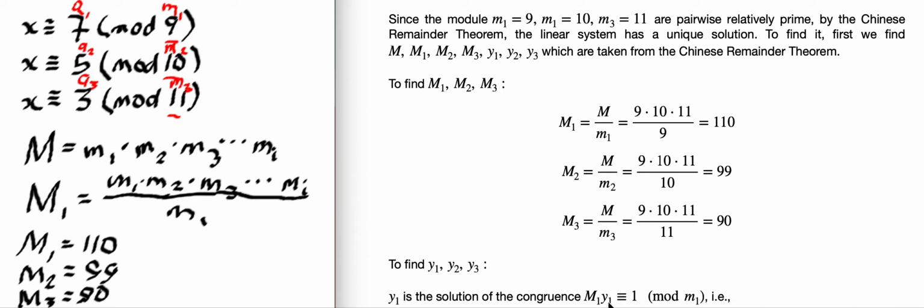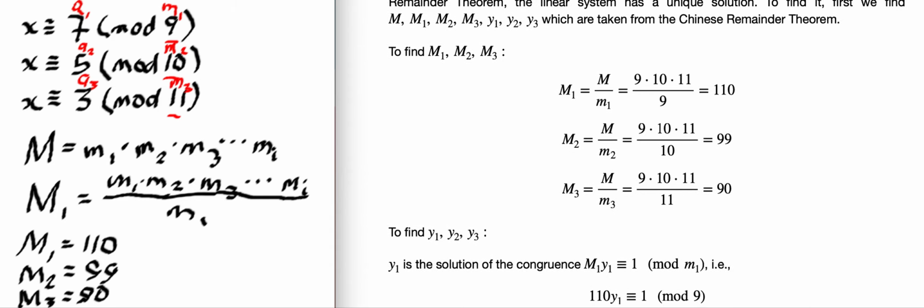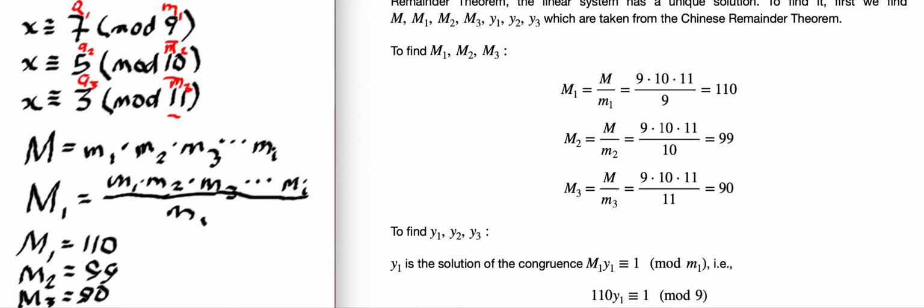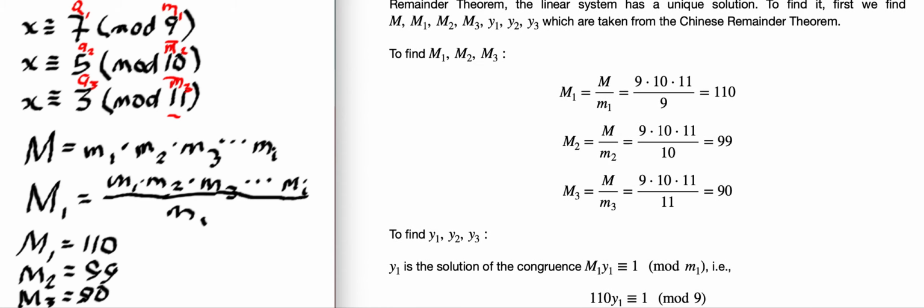We need to isolate the y sub 1 to get its value. Remember, big M sub 1 is 110. We don't know this y sub 1. Small m sub 1 is here, it's 9. So therefore we have this congruence.